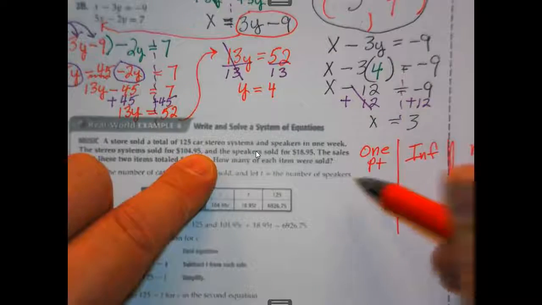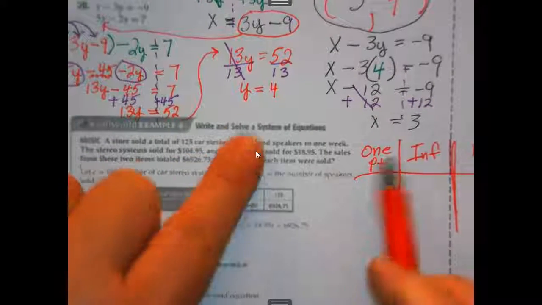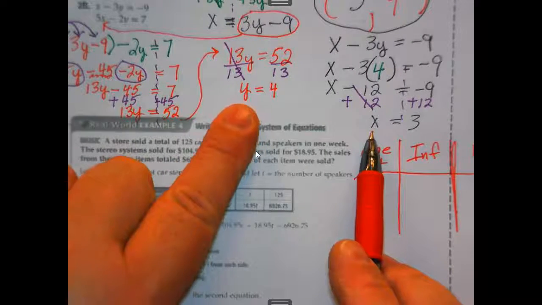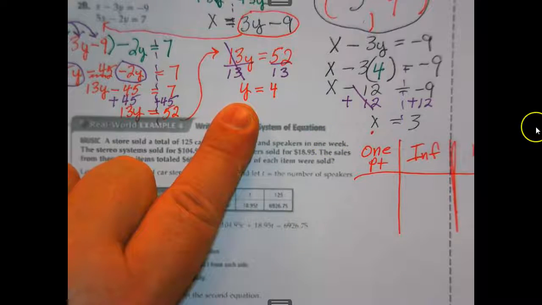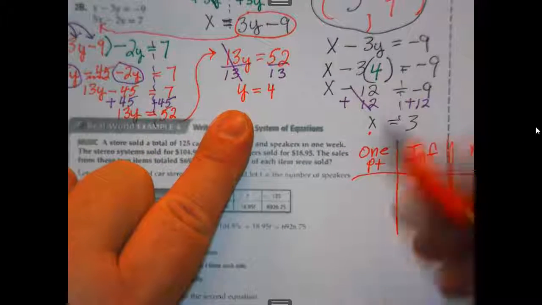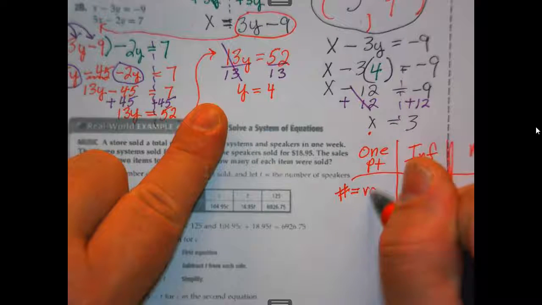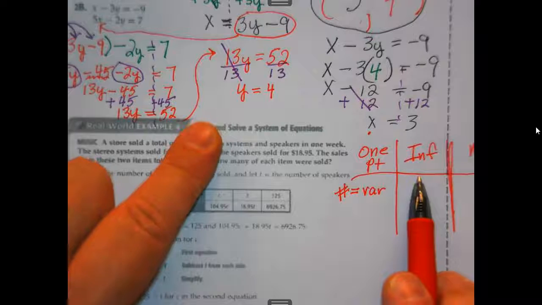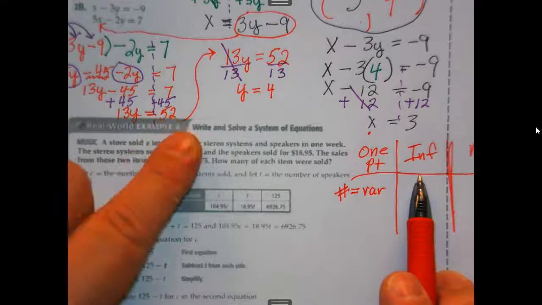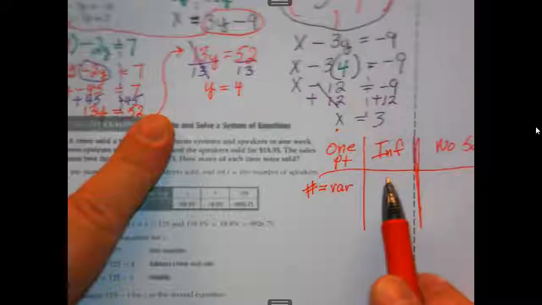Now, when it's 1 point, what kind of answers did I get? I got a variable equal a number. So here I had a variable equal a number, and all 3 of the examples were this way.